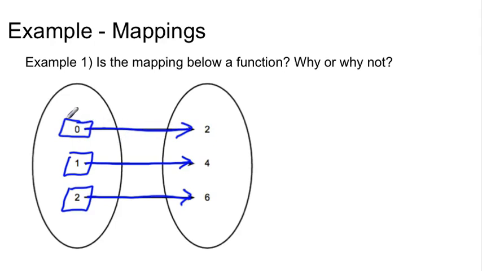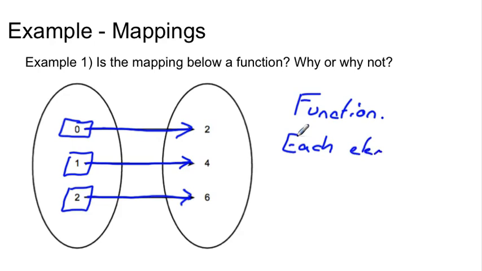So again, break this down into each element of the domain and then look at those connectors. And since each element only connects to one element of the range, we would say that this is a function. And the reason is the definition of a function.